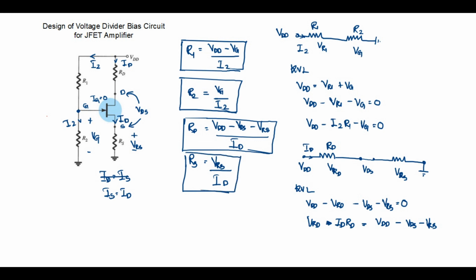Two more things you need to know according to this circuit. In most cases this VRS is written as VS. So this equation can also be written as RS is equal to VS by ID.